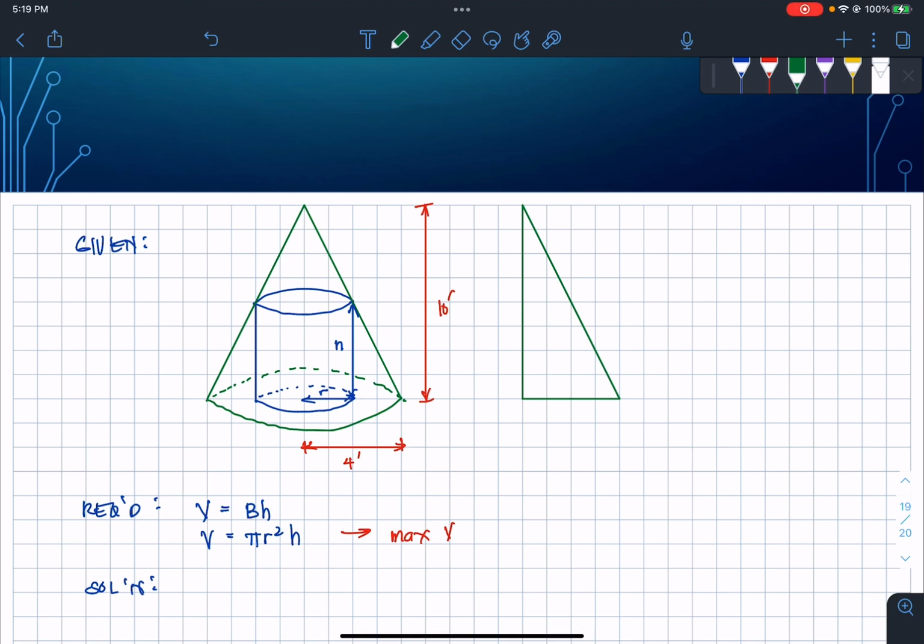And then we have the cylinder inside. So this would be the cylinder inside. So ayan, this is R, right? And this is H. So itong buong ito, this is 4. And of course, this one is 10.